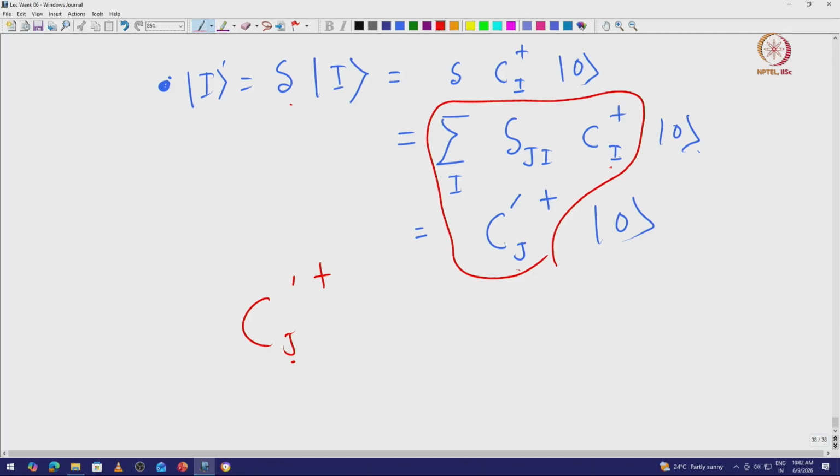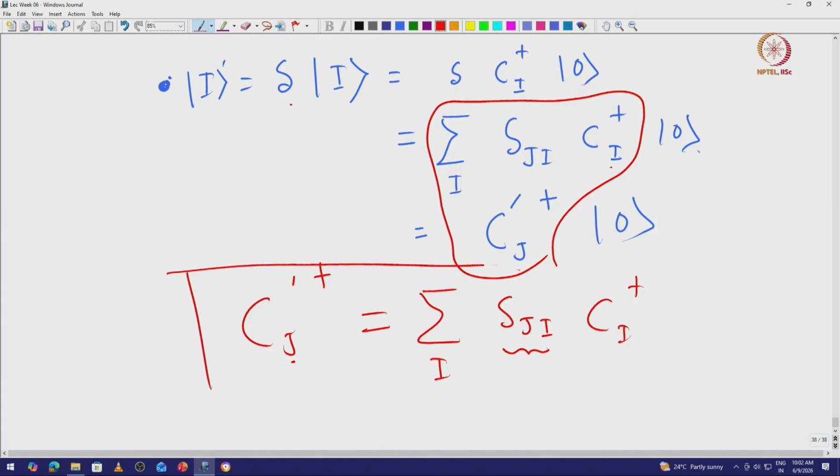So this is kind of a creation operator at an index J, which we obtained from the symmetry transformation, and this will be a matrix that we have to construct based on, here I have I index summed over.